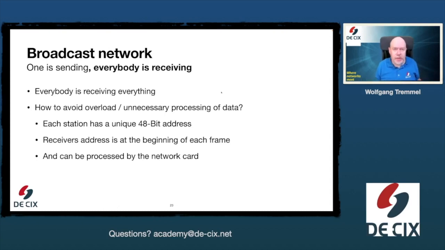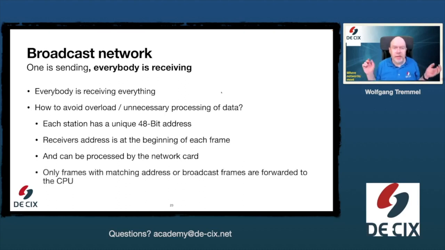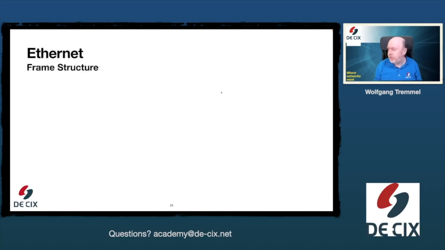It doesn't have to be passed on to the CPU. If your network card detects this frame is not for me, it can simply throw it away without bothering the CPU. So this keeps CPU load low, and it works. So only frames with a matching address or broadcast frames are forwarded to the CPU.